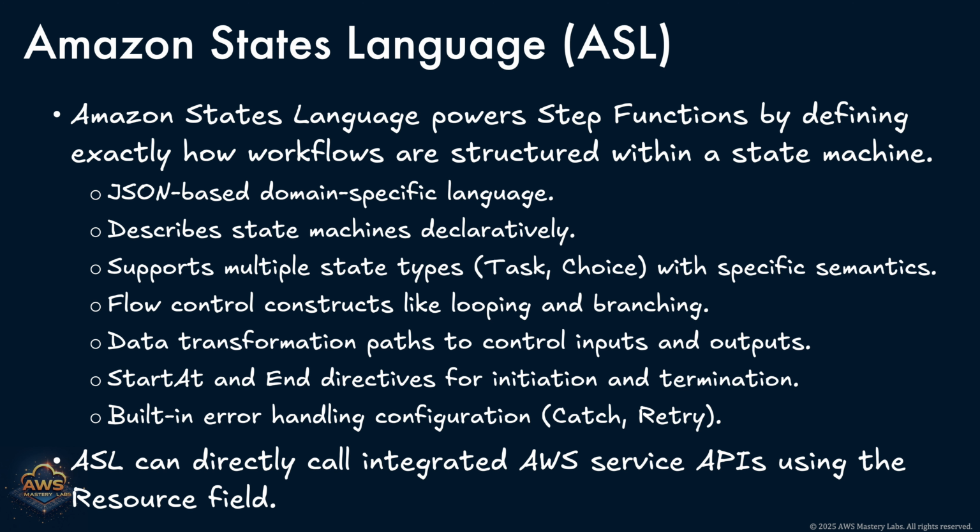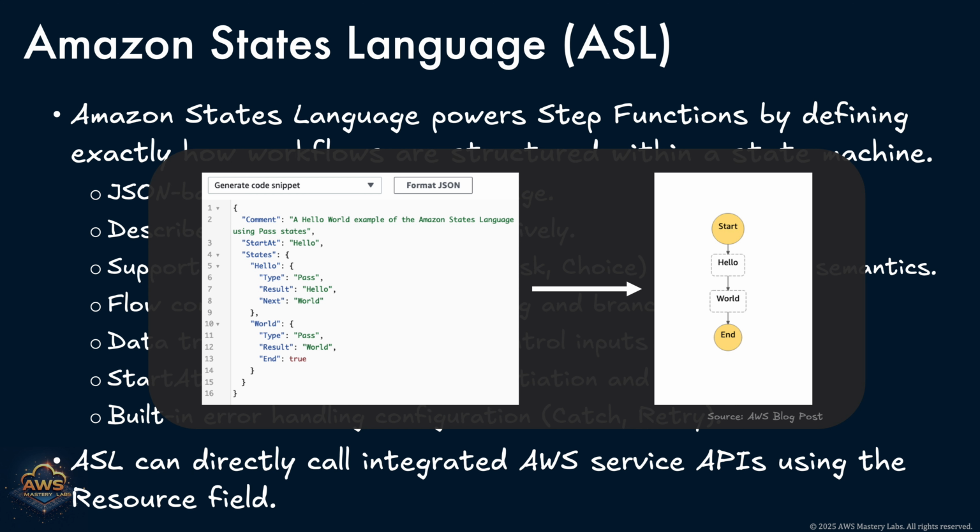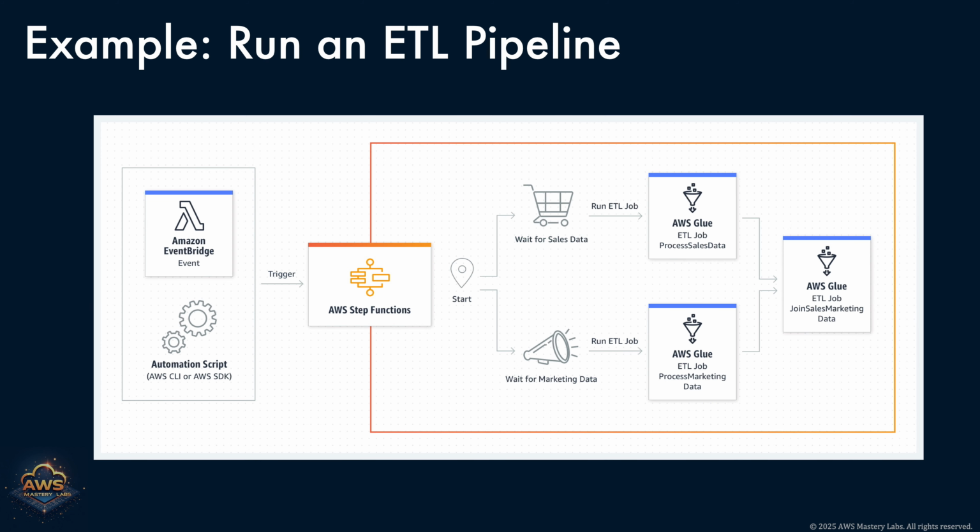Each state can include Retry, Catch, and TimeoutSeconds fields, which allow you to gracefully handle failures and recover without writing extra code. Overall, ASL gives you full control over the behavior, structure, and data flow of your workflows. By learning how to write and read ASL definitions, you unlock the ability to model and manage sophisticated automation scenarios directly within AWS. Here is an illustration of a use case for Step Functions.